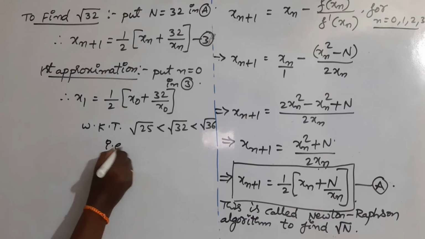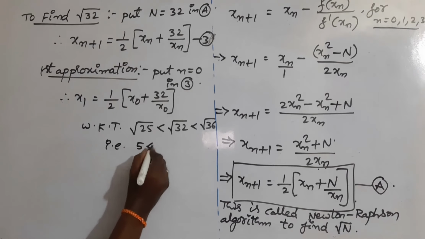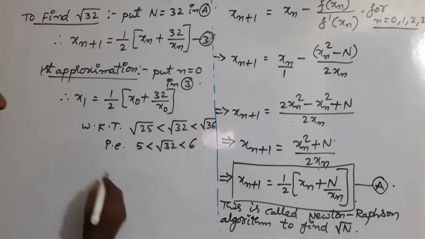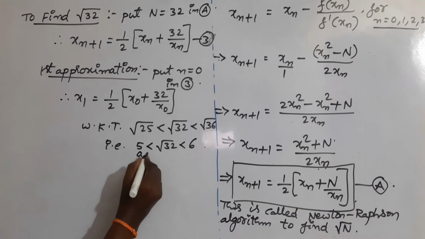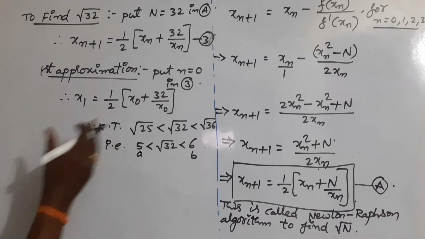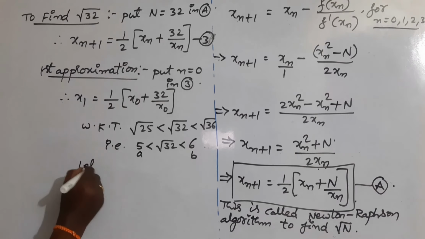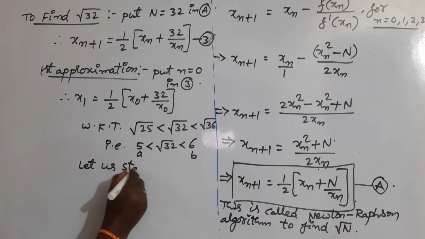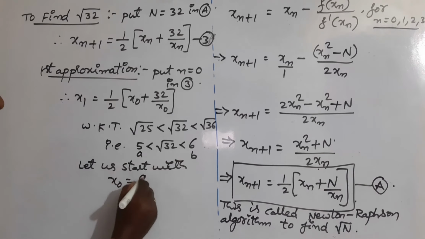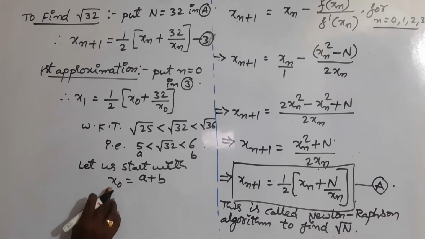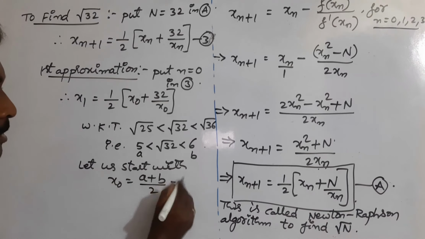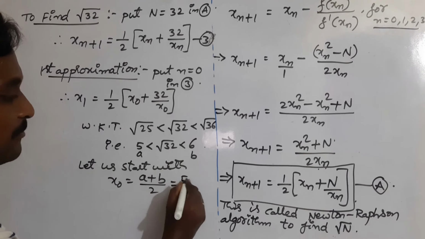So that is 5 is less than root 32 is less than 6. So you can take 5 and 6 as initial approximations for the required square root. So let us start with x 0 is equal to, you may start with x 0 as 5, otherwise 6, otherwise it is better to take a plus b by 2, which is 5 plus 6 by 2, which is 5.5.